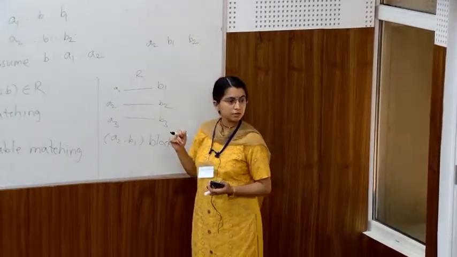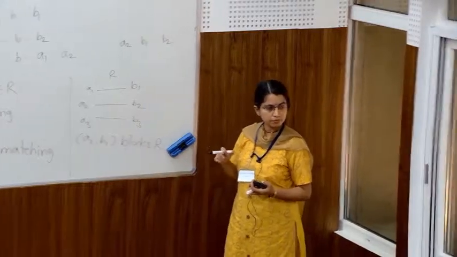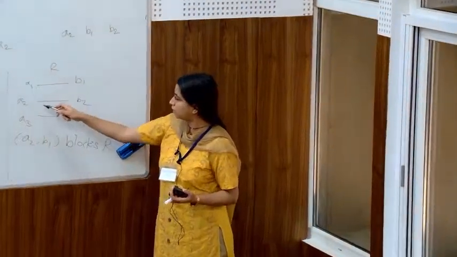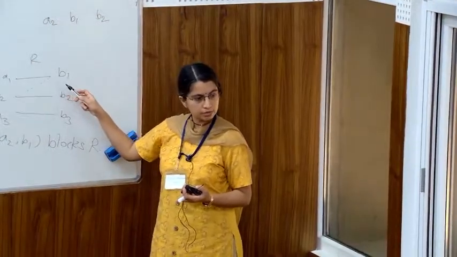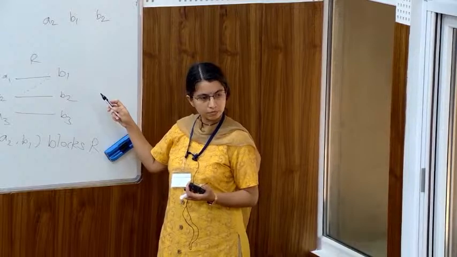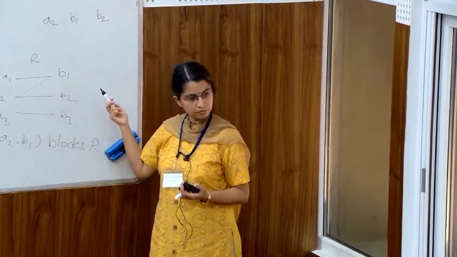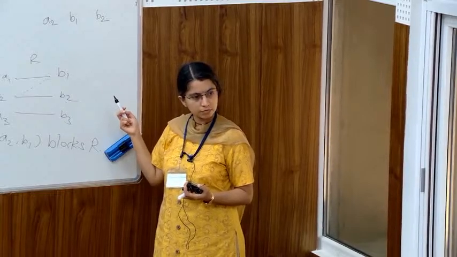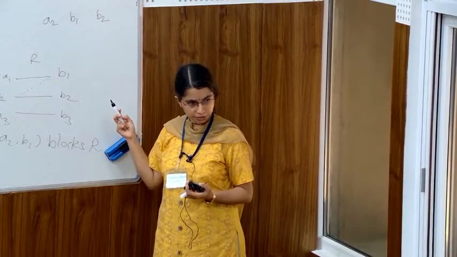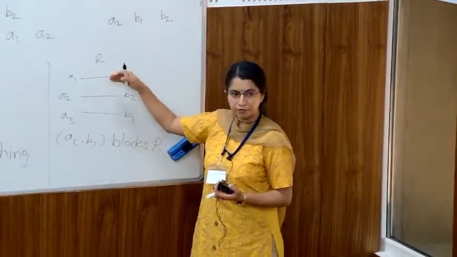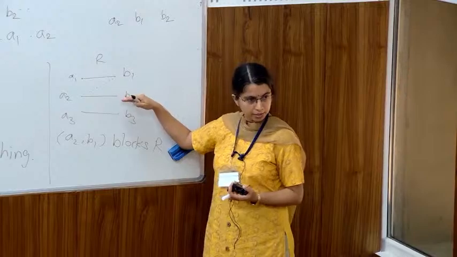Just one point. Why will this blocking pair have both vertices matched in R? No, the A2B1 is not an edge in R. Yeah. If they are unmatched, sure, this edge doesn't exist, but still A2 prefers B1 over R partner, right?